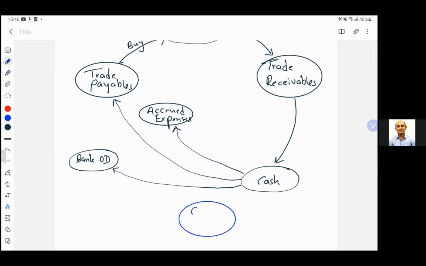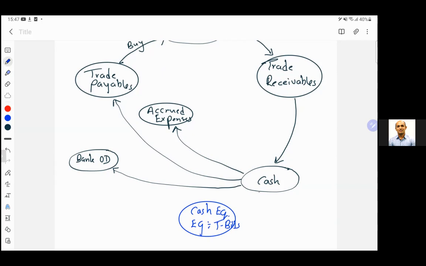Now you see, if you have excess money, you go for short-term investments. Sometimes you invest in securities that mature in less than 1 year. Then cash equivalent, for example, treasury bills that mature within 3 months.